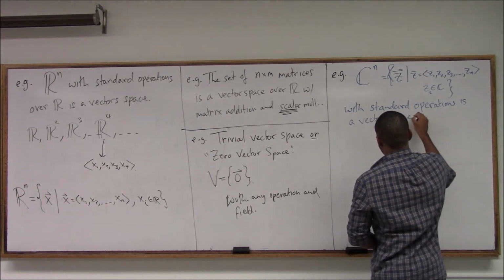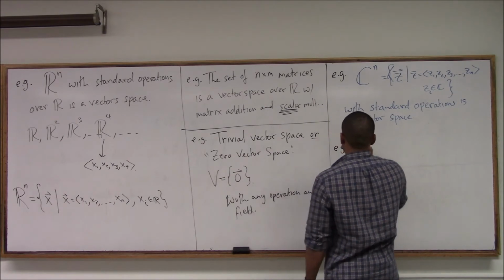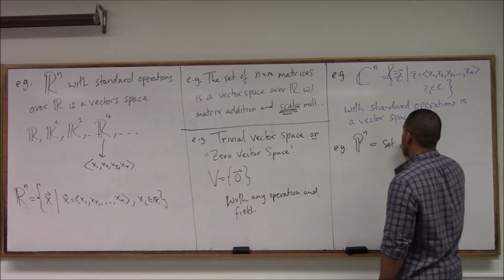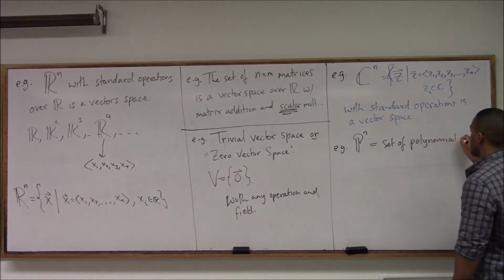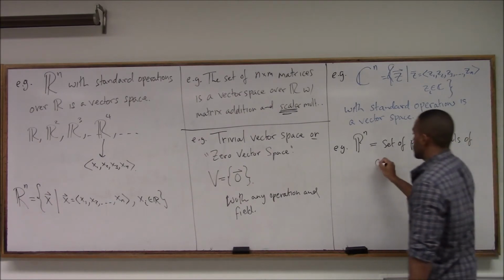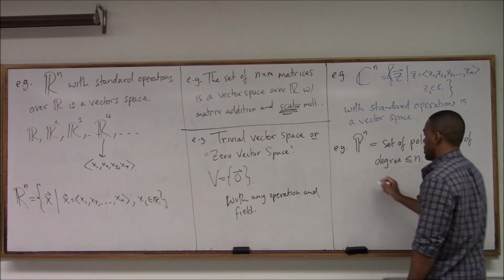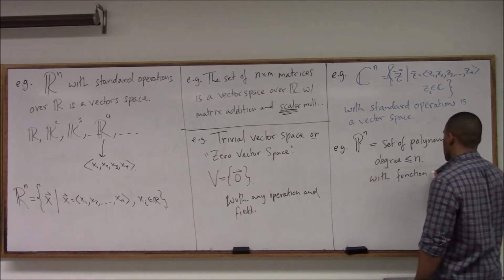Here's something you might not have thought of. Pn. This is the set of polynomials of degree less than or equal to n, with function addition and scalar multiplication.